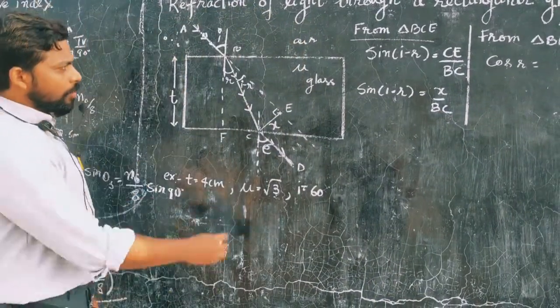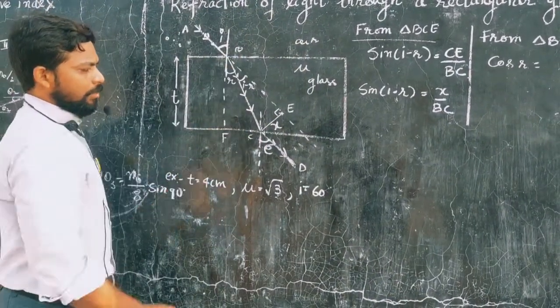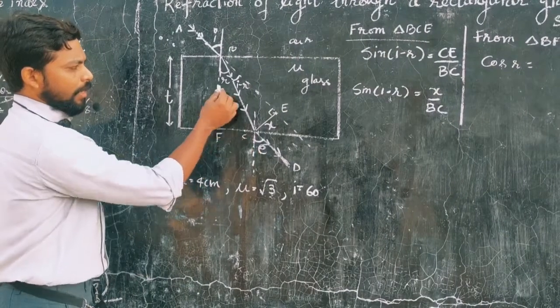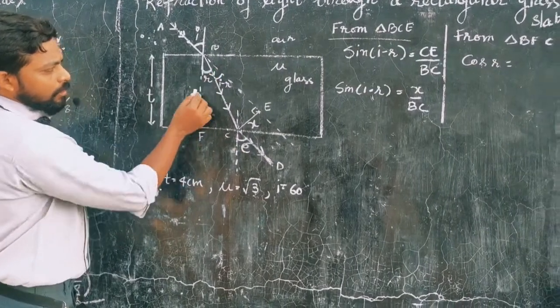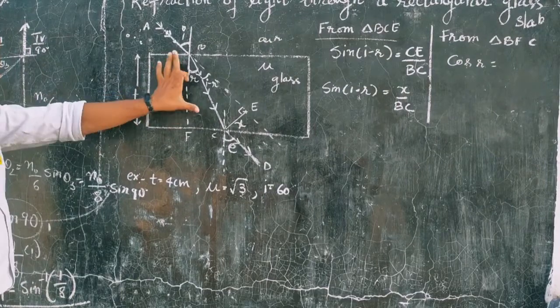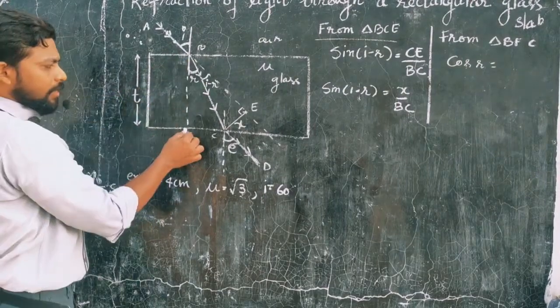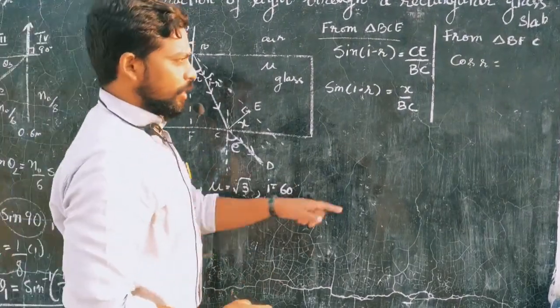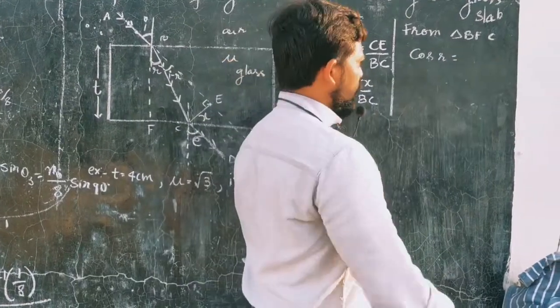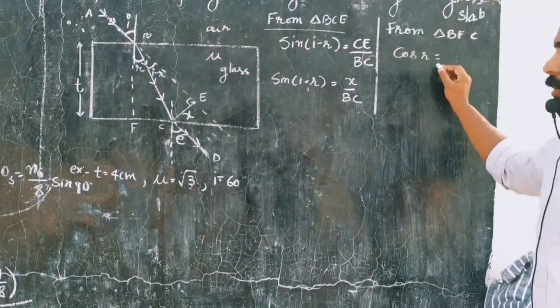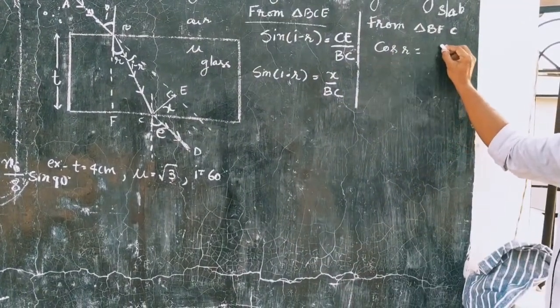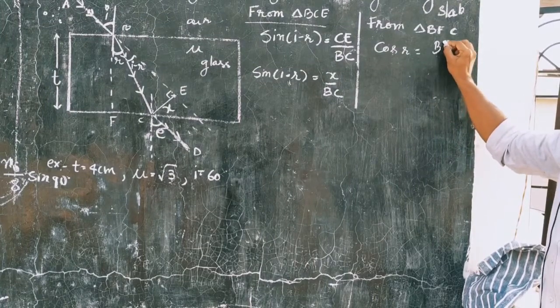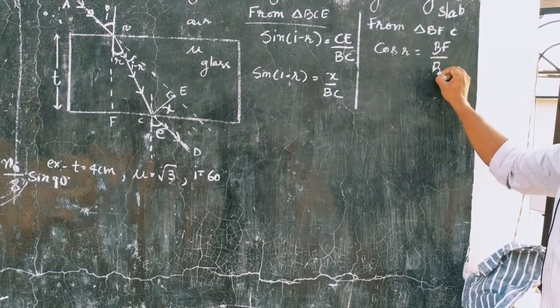Similarly, from the triangle BFC, I can write cos R. Cos R is adjacent by hypotenuse. Adjacent is nothing but the thickness. So from triangle BFC, cos R is equal to adjacent BF by BC.